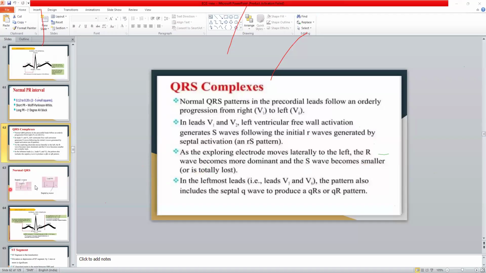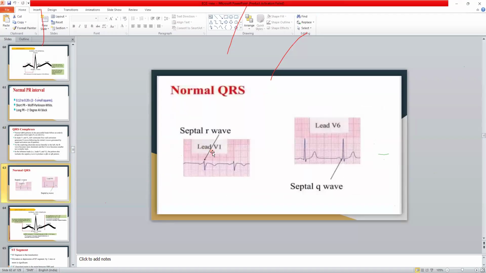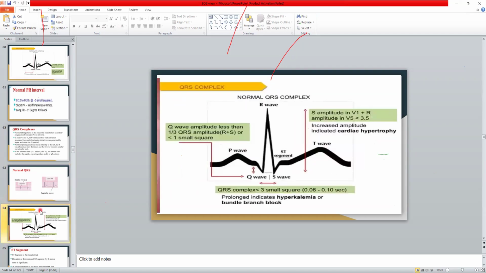Here you can see in lead 1, the R wave is smaller and the S wave is larger. But in lead V6, the R wave has become large and the S wave has become small. This is how the normal QRS complex looks.